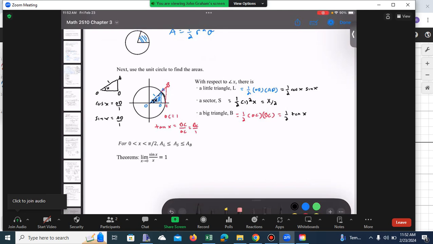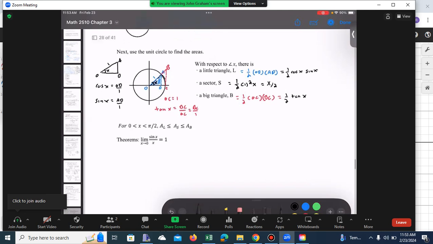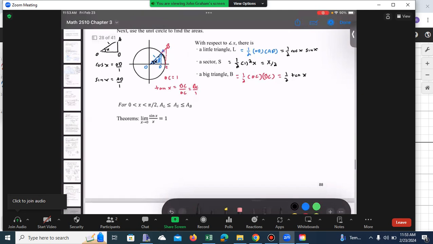All right, so let's set this up with the equations we have here. So 1/2 cosine x sine x is less than or equal to x over 2, which is less than or equal to 1/2 tangent x.